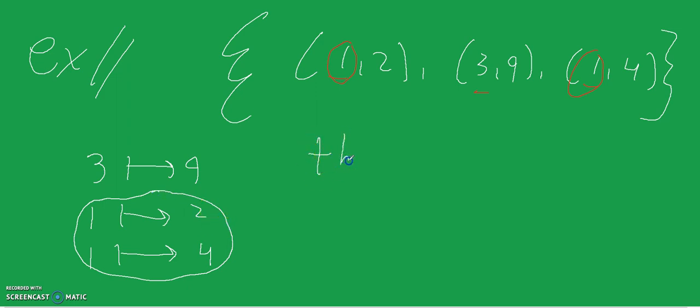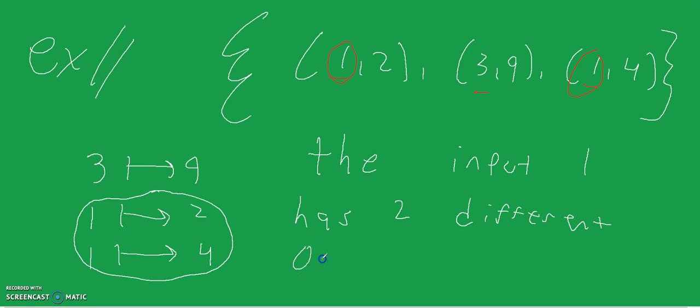So the input 1 has two different outputs. The definition of a function was saying that each input has exactly one output.